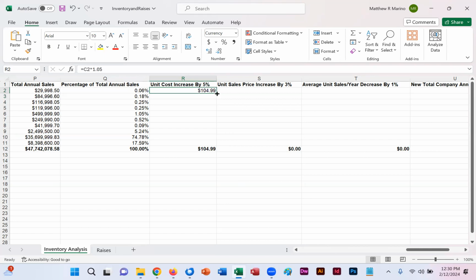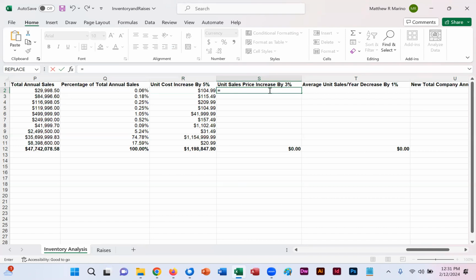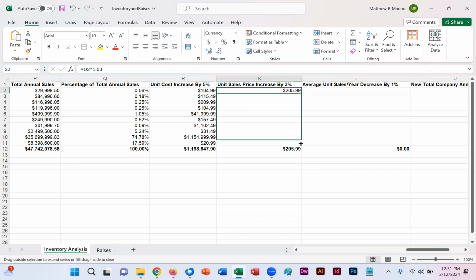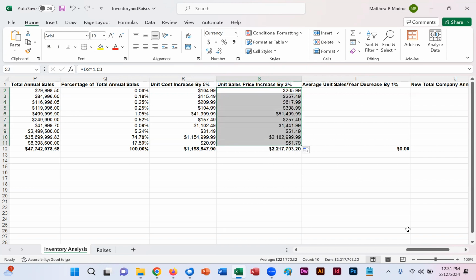We hit enter, we have an answer, we auto fill down, and we get our total below. Then for the unit sales price increase by 3%, our unit sales price was in column D. So we do D2 times 1.03. Now it's 0.03 in this instance because we are only doing 3%, not 5%. So we click enter, click back into the cell, auto fill down. Now we have our total.